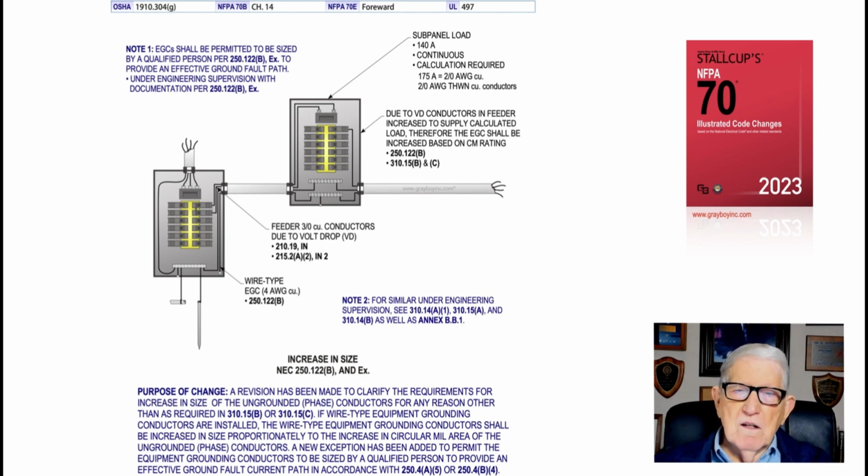So that's what this illustration is all about, and that's what bullets 1 and 2 are reflecting to you, along with the additional information in the black text. So that's what this illustration is illustrating to the user of the NEC.